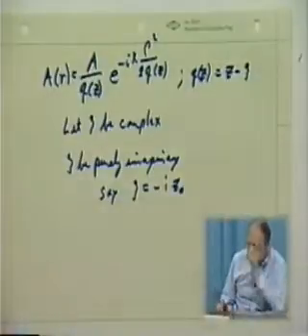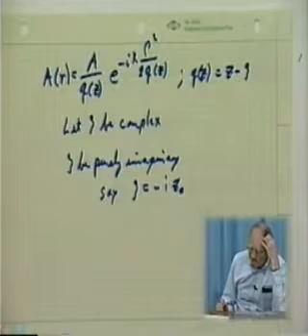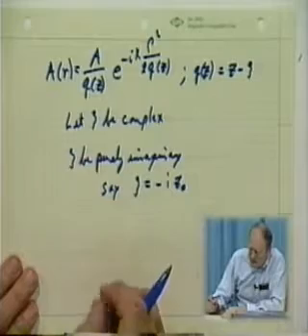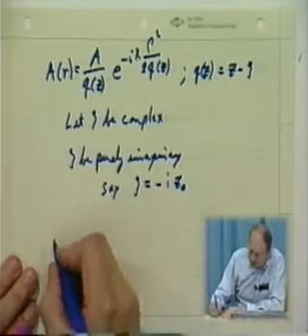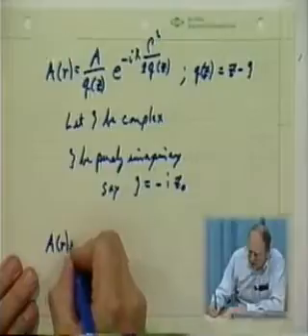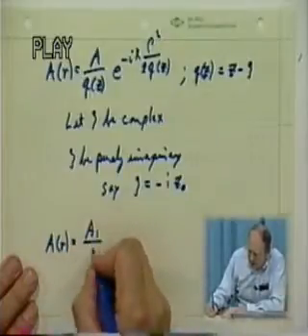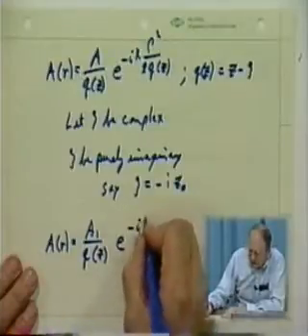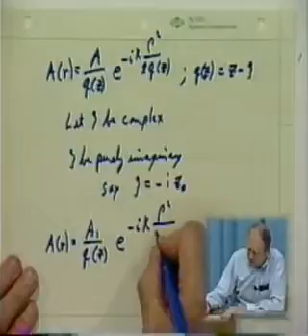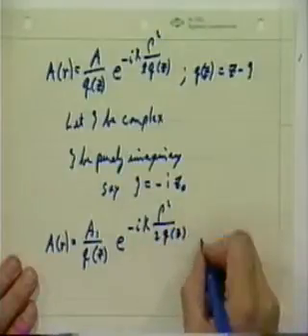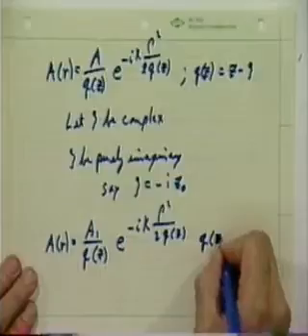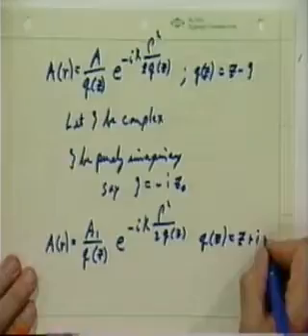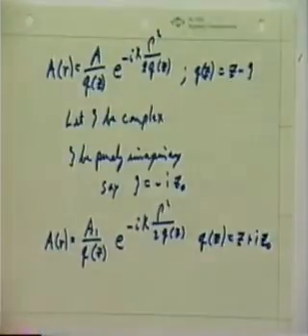Okay, z naught's again just some constant. And so now what we have for A here is that A of r is A1 over q of z, e to the minus i k rho squared over 2q of z, where q of z is equal to z plus i z naught. Okay?